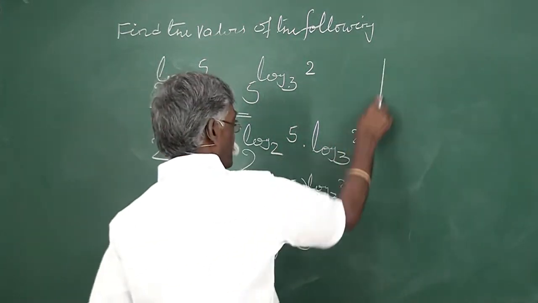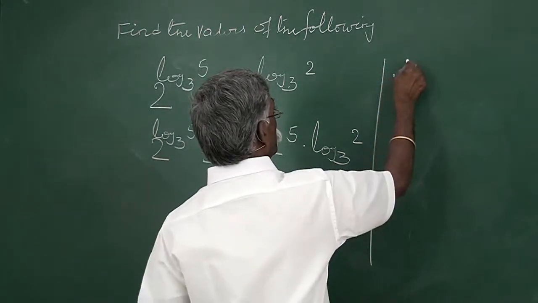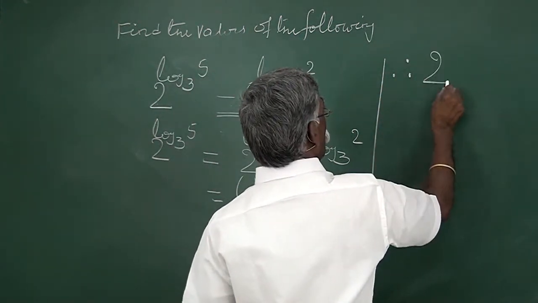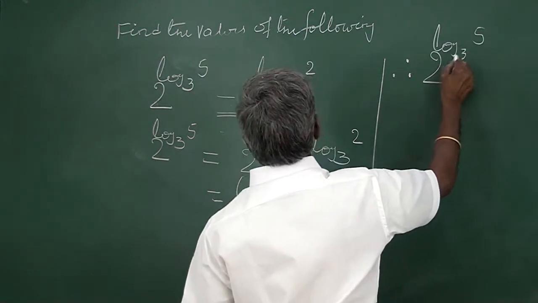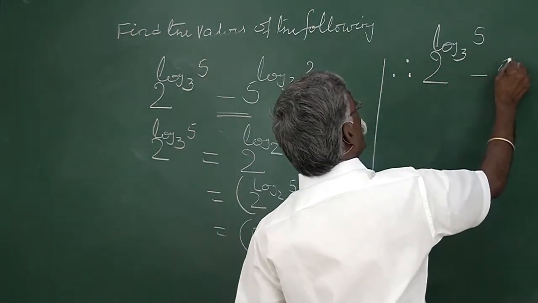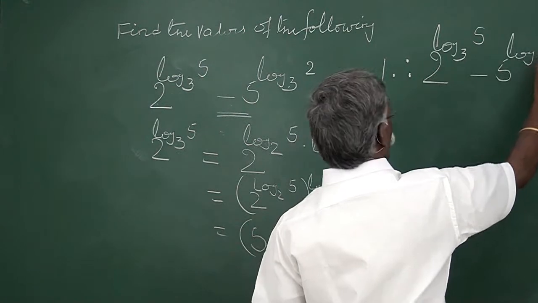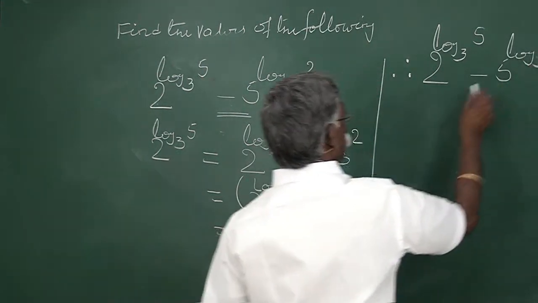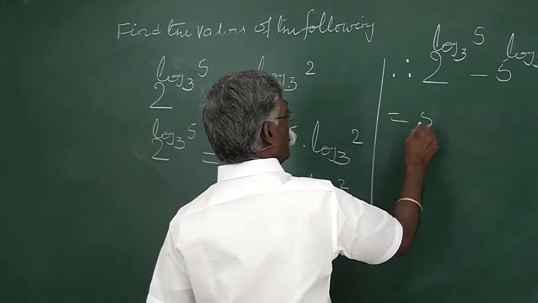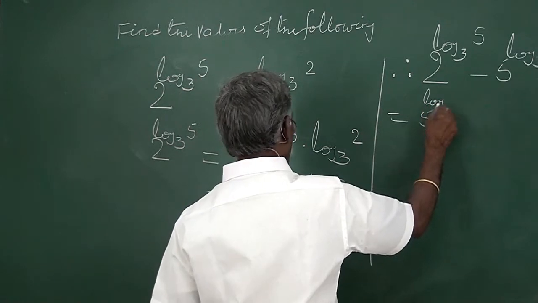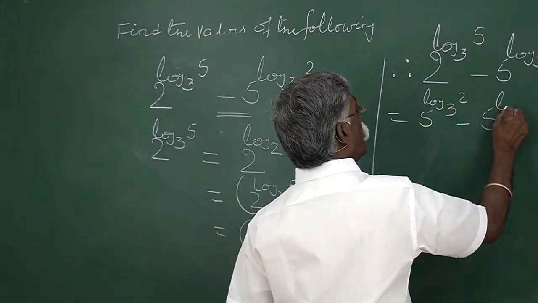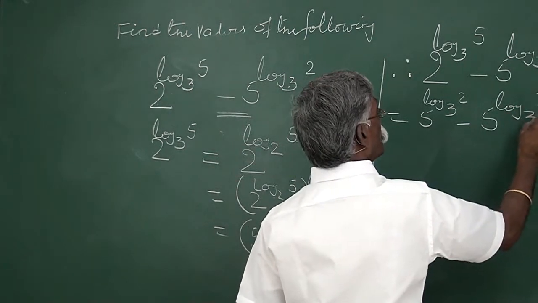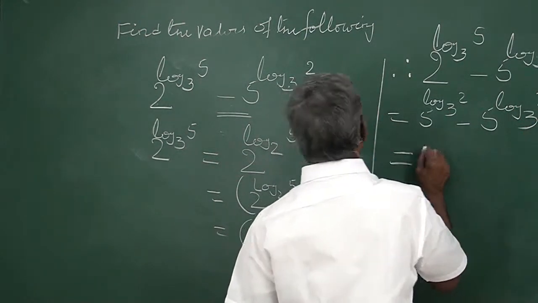Therefore 2 power log 5 base 3 minus 5 power log 2 base 3 is equal to 5 power log 2 base 3 minus 5 power log 2 to the base 3 is equal to 0.